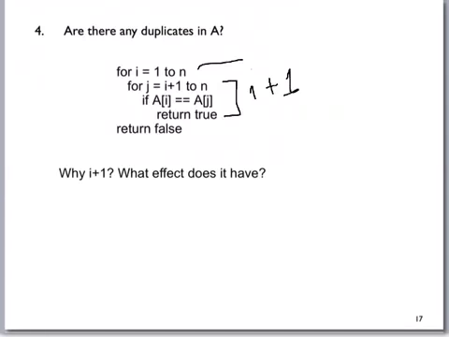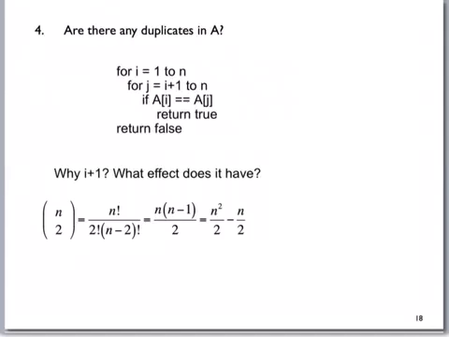Okay, here's one way to look at it. In this case, what you have to do is compare all of the pairs in A, but what you don't want is to compare a particular element of A to itself. And so what we then do is, instead of starting with 1, we start with I plus 1.